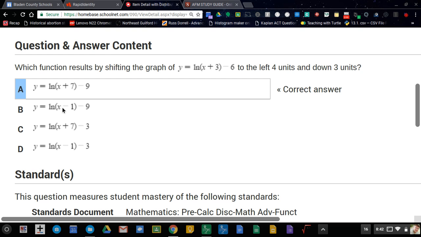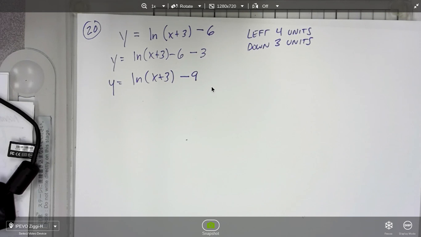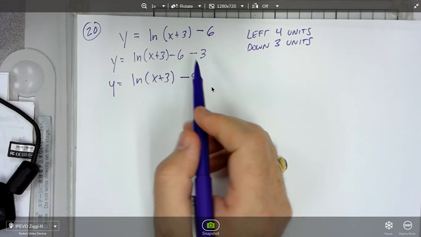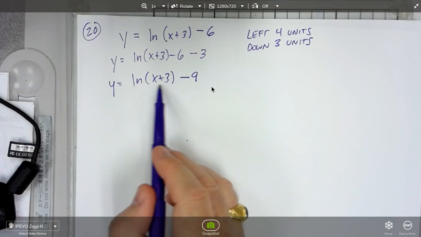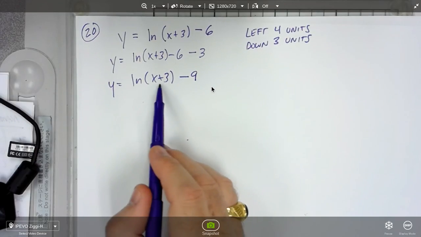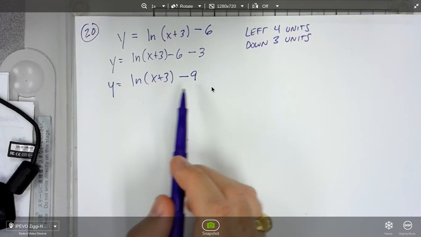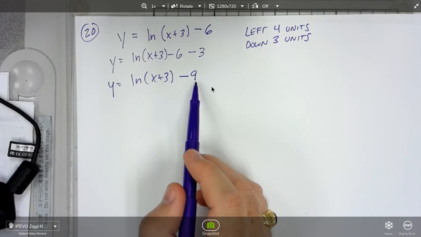Okay? Now we said the difference between the vertical shift and the horizontal shift, and your horizontal shift occurs inside here. But the difference is your vertical shift happens exactly the way you think it would. If I add a constant, I'm shifting up. If I subtract a constant, I'm shifting down.